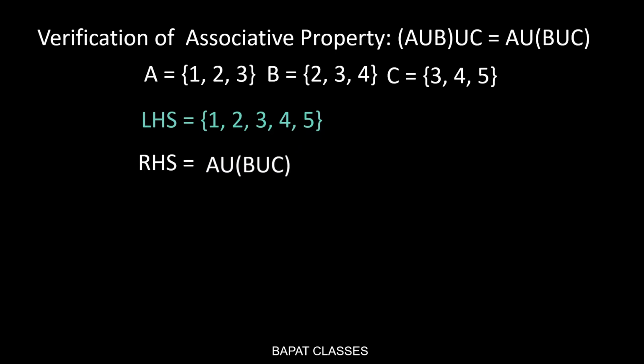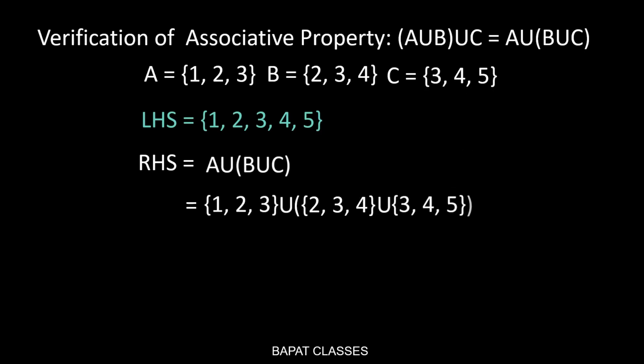Now substitute values of A, B and C. Therefore, RHS is equal to {1, 2, 3} union ({2, 3, 4} union {3, 4, 5}).